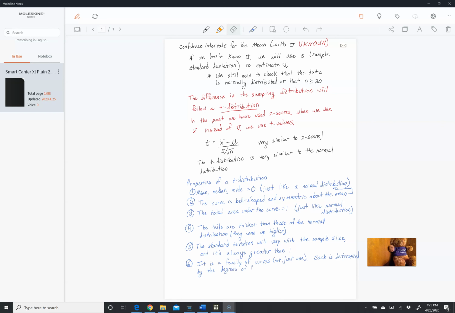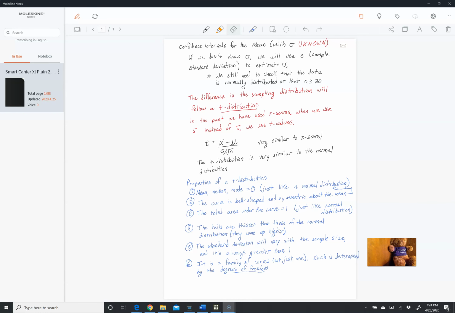And again, we'll talk about this in more depth. So what is the degree of freedom? The degree of freedom is the number of free choices left after a sample statistic such as the mean is determined. So I'm going to define that later because it needs a lot more discussion, okay?